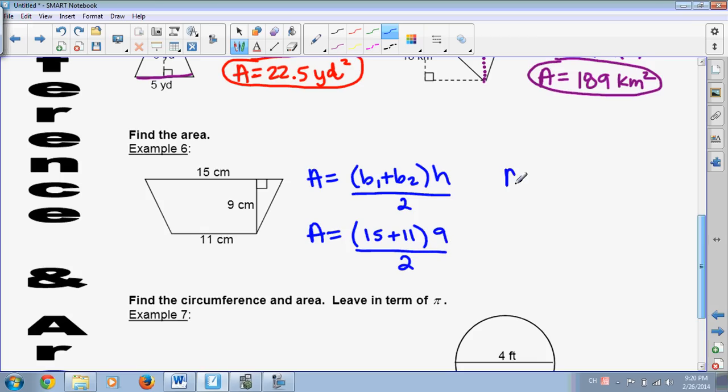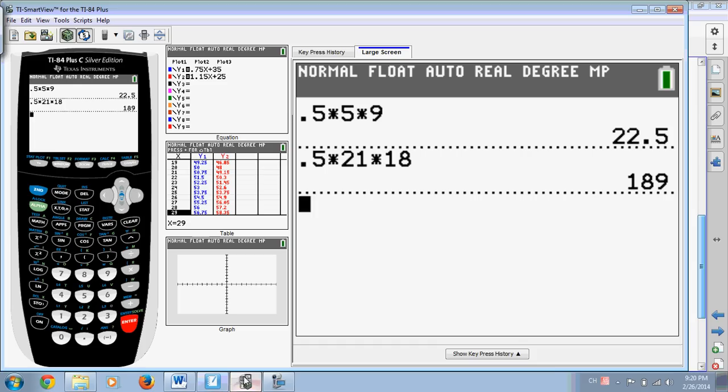So 15 plus 11 is 26. And then we can do 26 times 9, and then divide it by 2. So let's go to our calculators. 26 times 9. Notice I'm pressing enter first. I want to find what the product is. 234. Then divide it by 2.